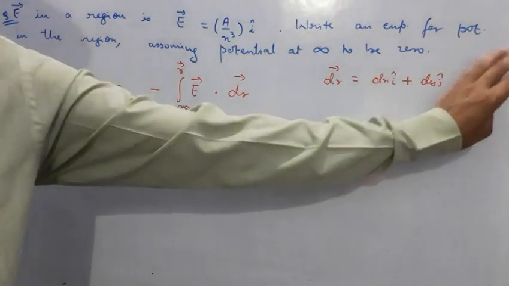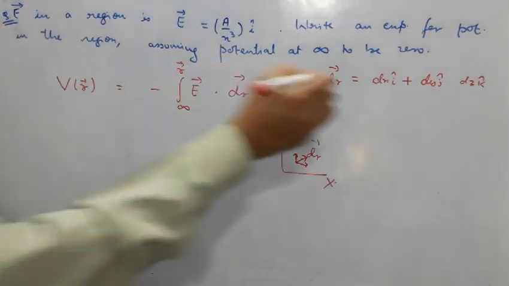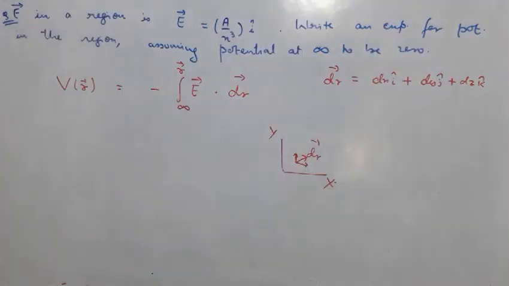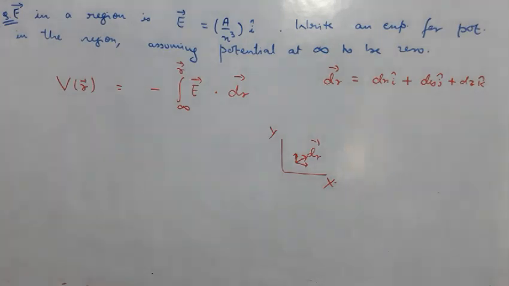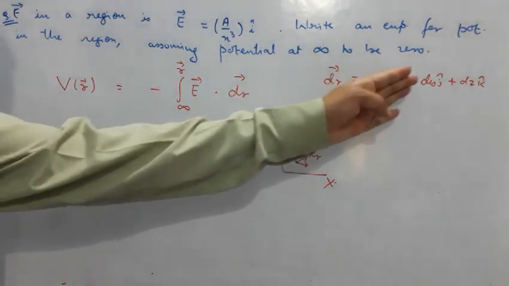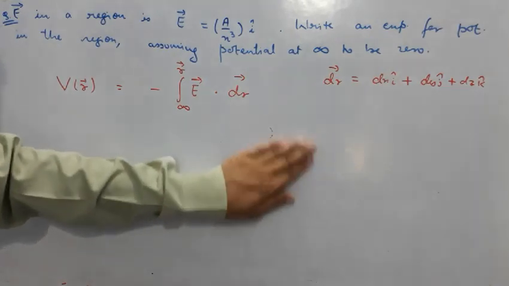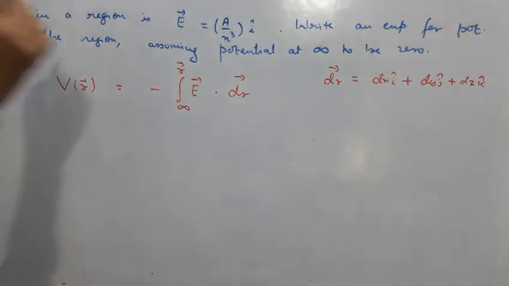Likewise, in three dimensions you should have this. So remember, a differential displacement that we write as dr vector in one dimension can be written as dx I cap if it is x-axis, and likewise for other axis. In two dimensions it should be written as dx I cap plus dy j cap, and in three dimensions dx I cap, dy j cap and dz k cap. So that we shall do over here also.